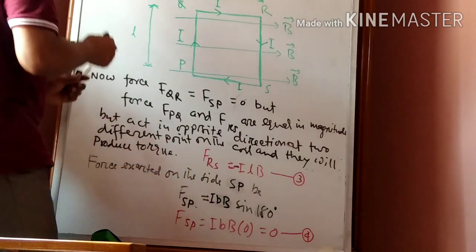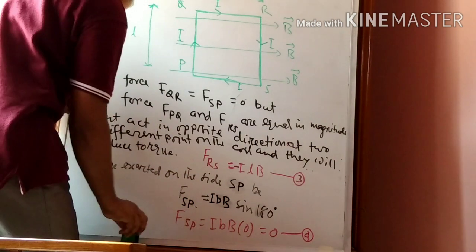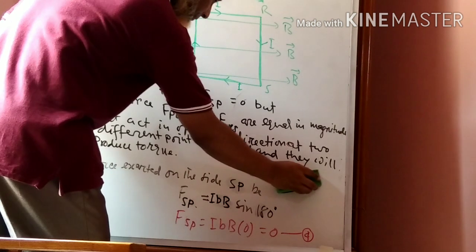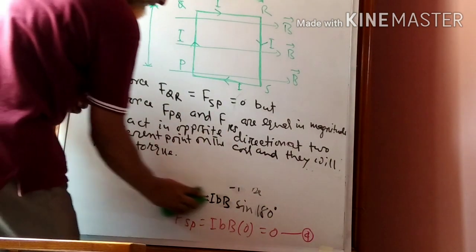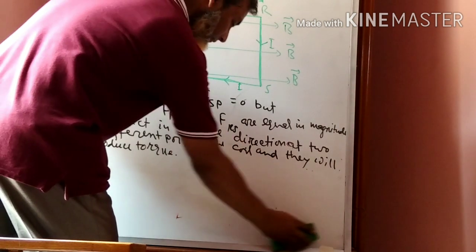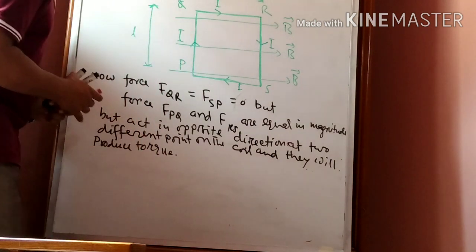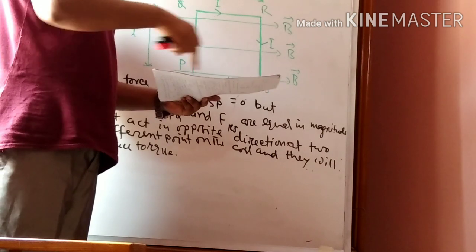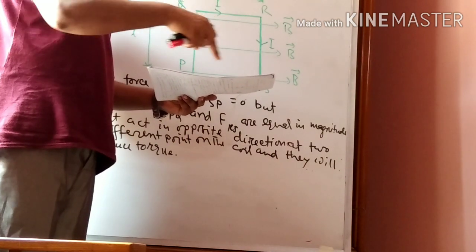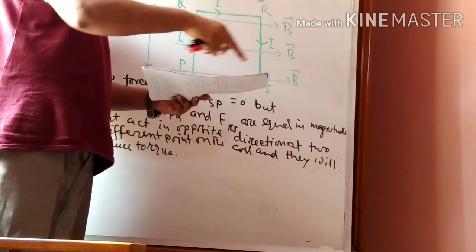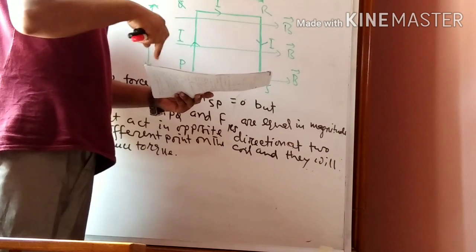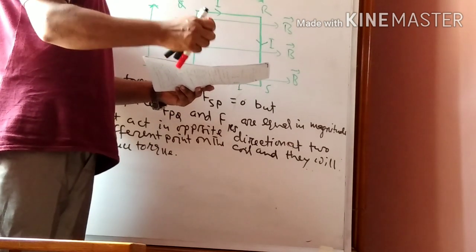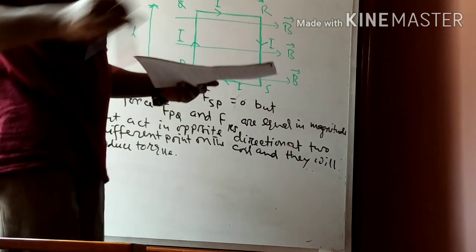Now let us find how much torque is produced on the coil. I tell you, the point here you see is the rectangular coil PQRS. So this one is PQ and this one is RS. Two equal and opposite forces, look at my hand.